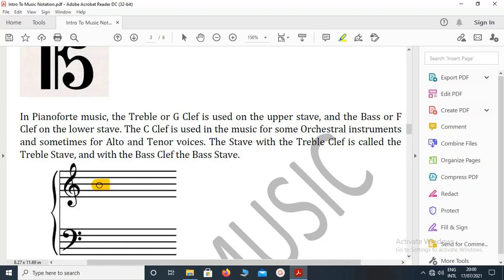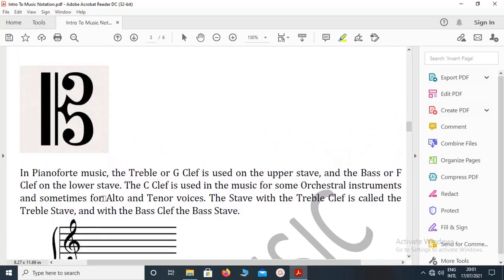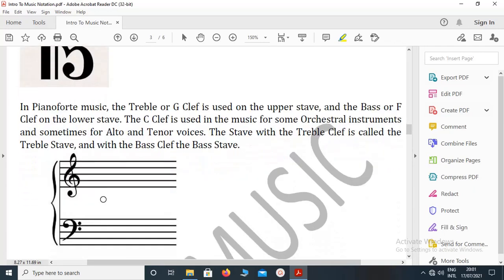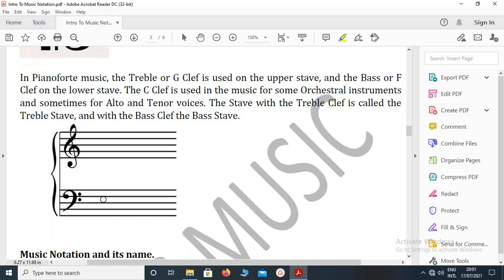Whereas the soprano, if they were to indicate the soprano voice, you would find it here. But we shall not be dwelling on that for now, you'll discover it as time goes by. However, our major issue is about this.